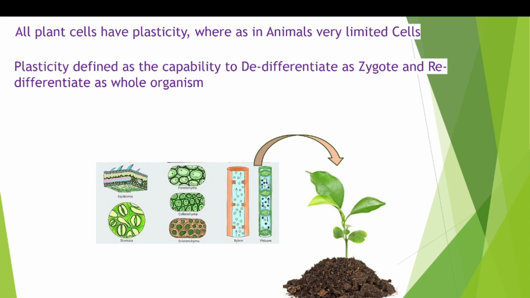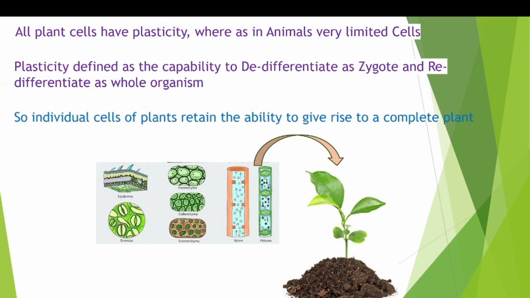So what is plasticity? Plasticity is defined as the capability of a cell to de-differentiate as a zygote and re-differentiate as a whole organism. This type of plasticity is observed in all types of plant cells, whereas in animals it is observed only in the zygote. This is called plasticity. So individual cells of plants retain the ability to give rise to a complete plant because all plant cells have this plasticity nature.